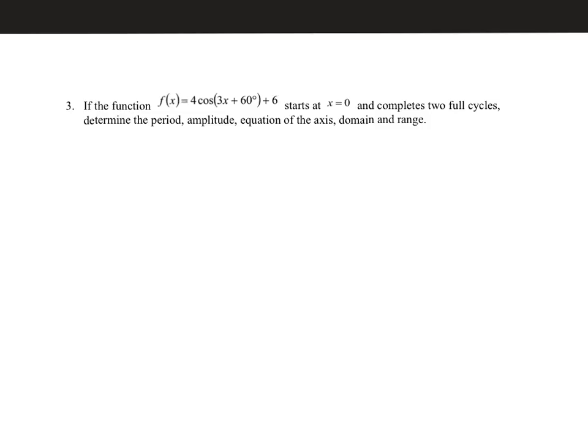So what I would like everyone to do is pause the video now and work your way through finding the period, the amplitude, the equation of the axis, the domain, and the range for 2 complete cycles of that graph starting at x equals 0. Okay, pause the video now, give it a shot.